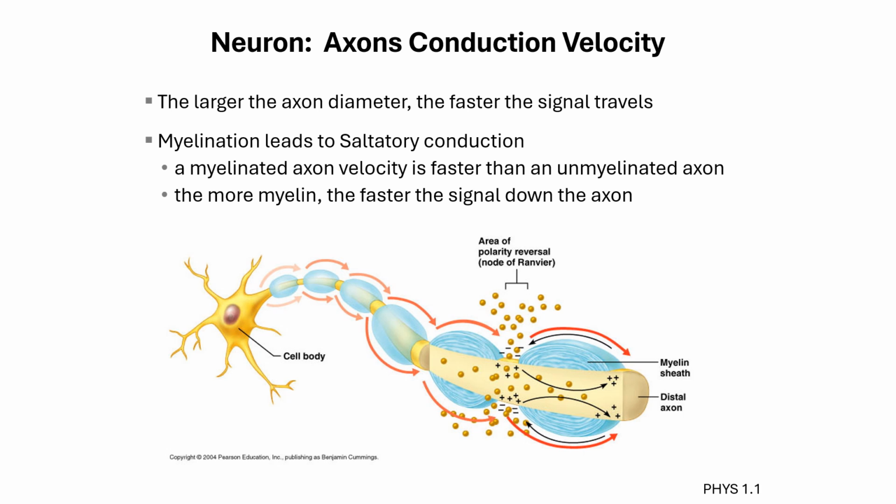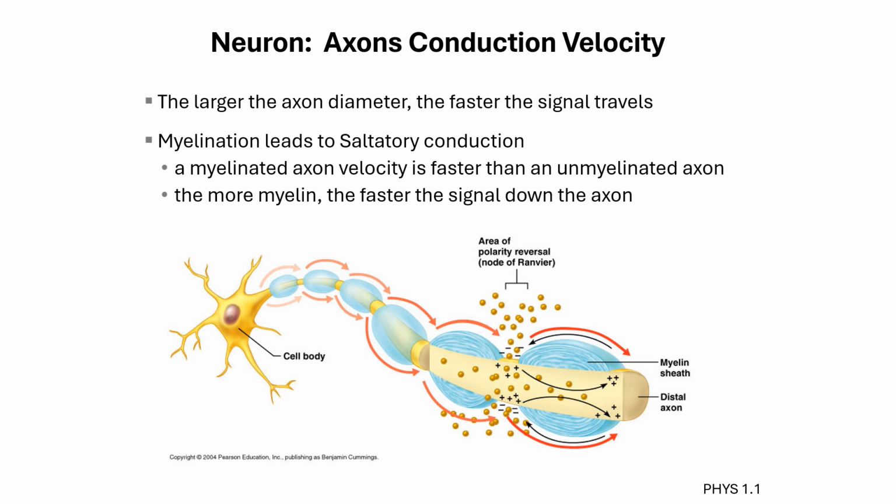The reason why myelination helps to move the action potential faster is because it allows the action potential to skip from one area to the next. And so myelin acts like an insulator for the ions.